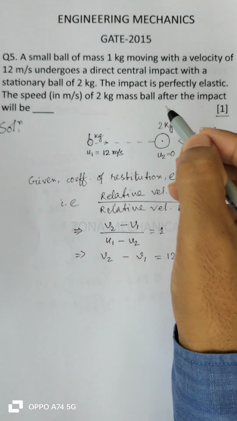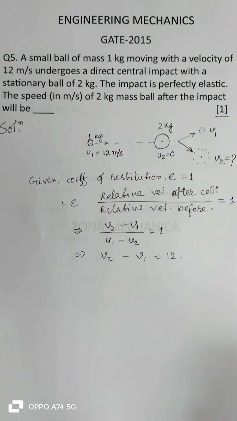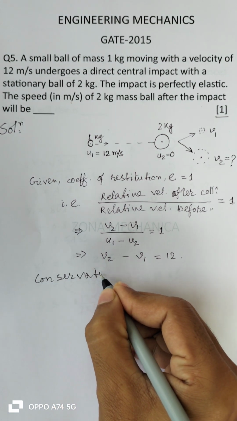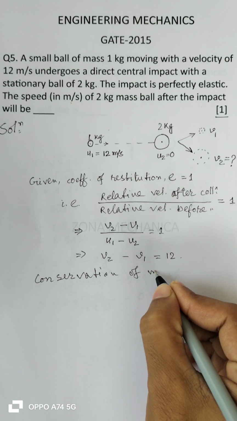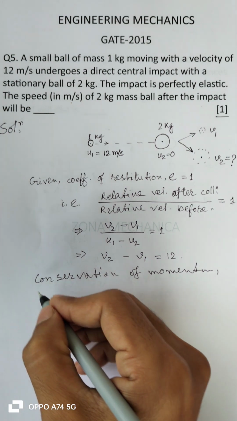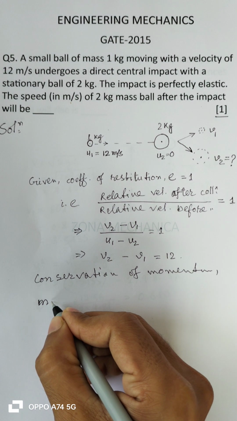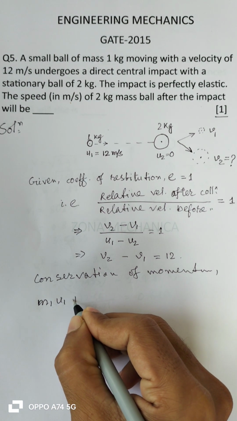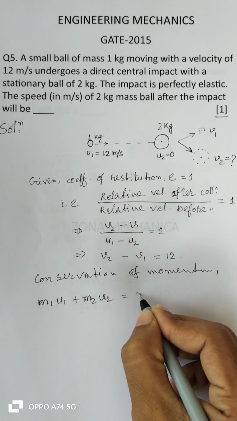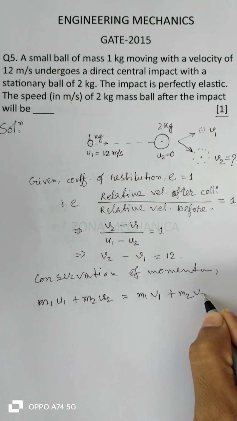Okay, so now we know from the conservation of momentum, we have m1 u1 plus m2 u2 is equal to m1 v1 plus m2 v2, right?